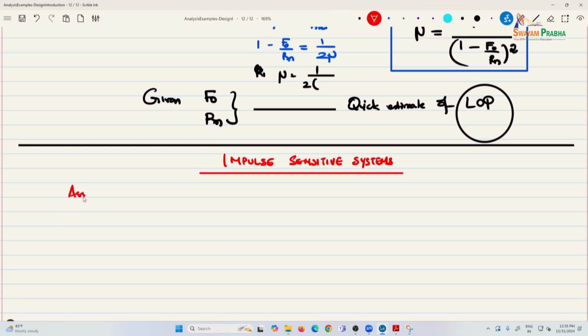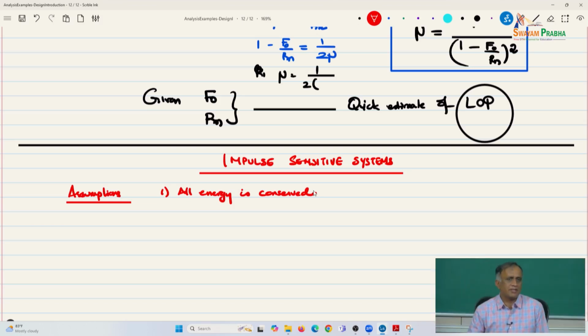Now, the assumption in an impulse sensitive system is, we have seen that it is short duration. We assume that all energy, and that is not the case, as we were just discussing during the coffee break, that any concrete structure, so Raghav is working on estimating, one of the projects he is working on with Professor Aragappan is to estimate the remaining strength of concrete structures, and what effect it has.